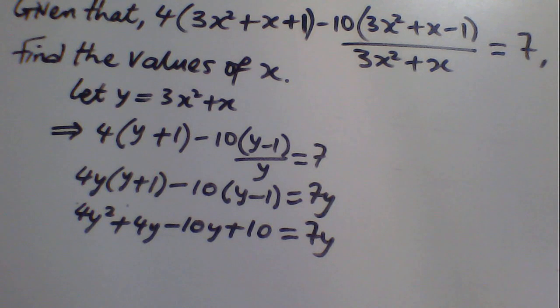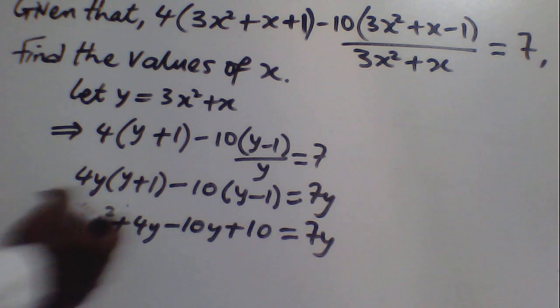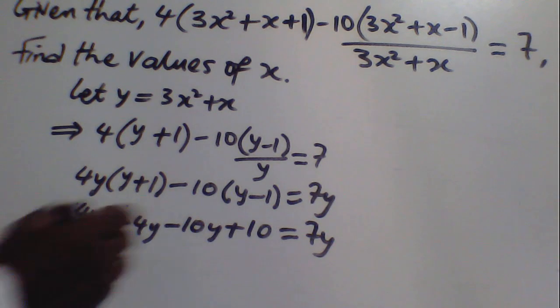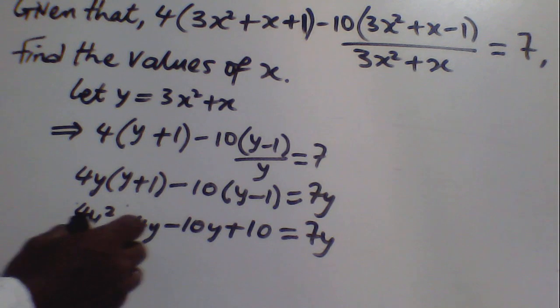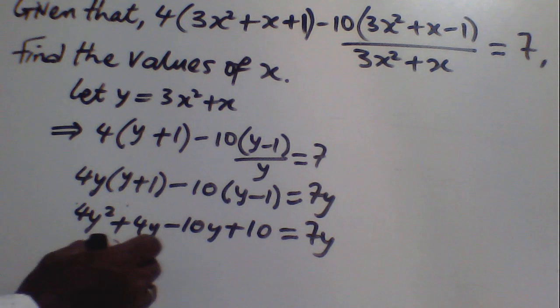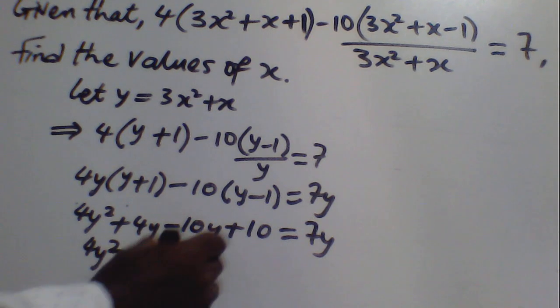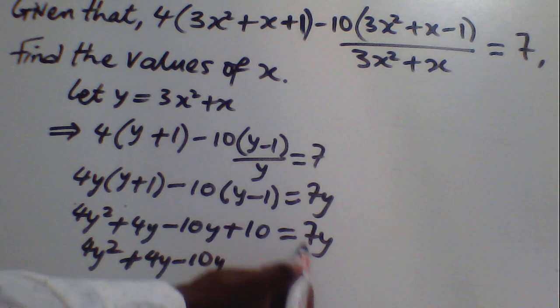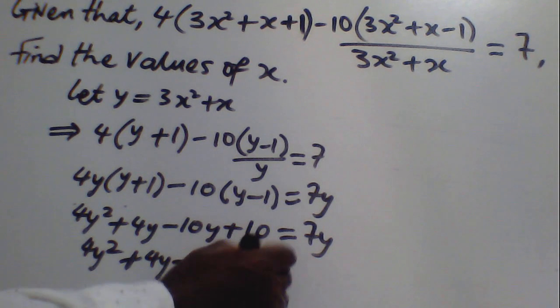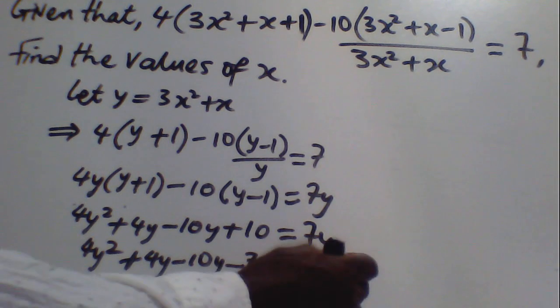Next, bring all the terms of the equation to one side and simplify. We have 4y squared plus 4y minus 10y plus 7 crosses the equal sign and becomes minus 7y, plus 10, is equal to 0.